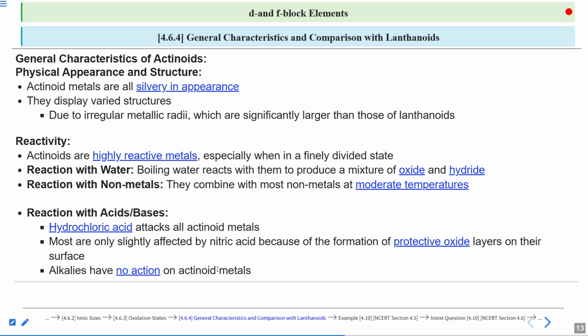When you react actinoids with bases, they give no reaction. So hydrochloric acid reacts with actinoid metals, right? Nitric acid cannot affect the actinoids much because of the formation of a protective oxide layer, and alkalis have no reaction on the actinoid metals. So we have talked about the physical properties and the chemical properties or reactivity of actinoids.